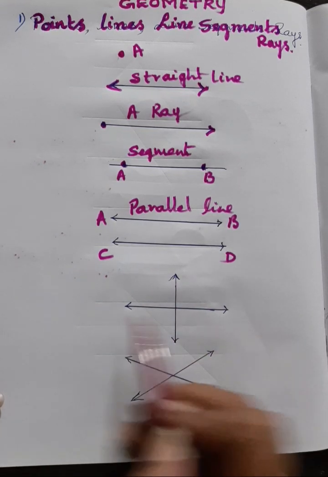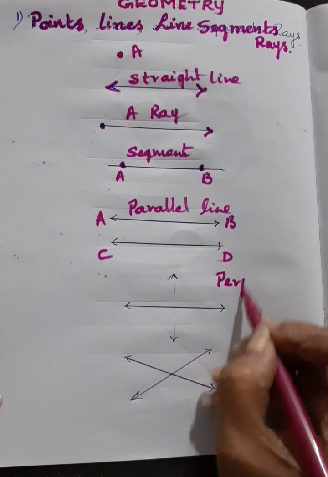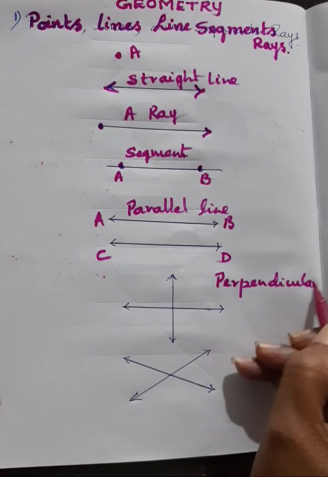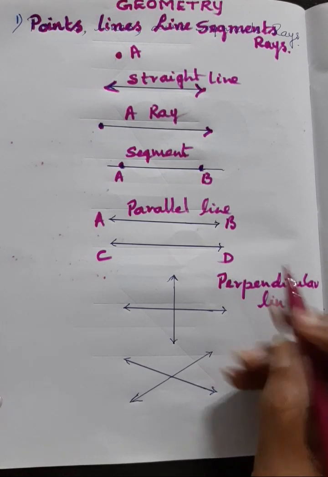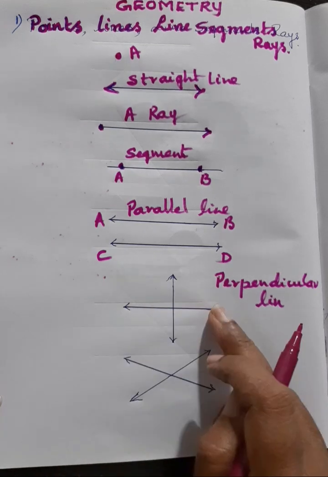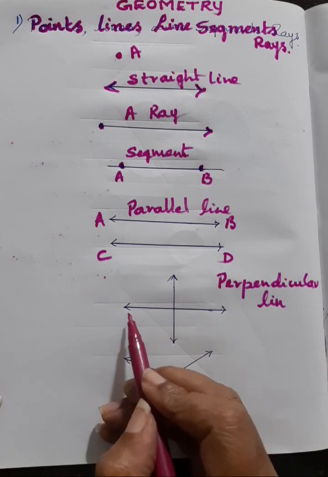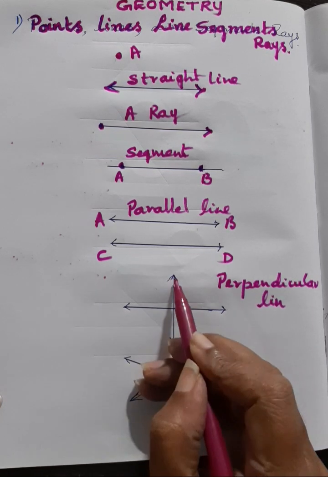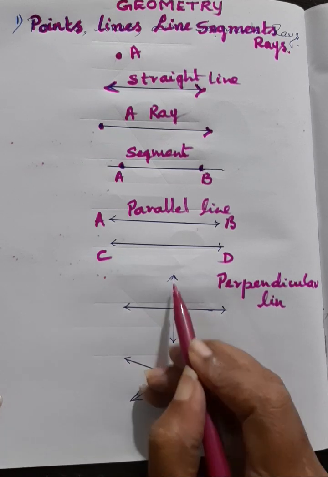Next one is perpendicular lines. Perpendicular lines means lines that intersect to form four right angles. This is one line and this is the second line.